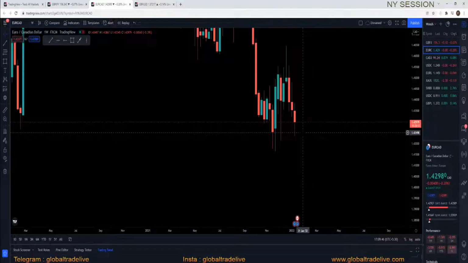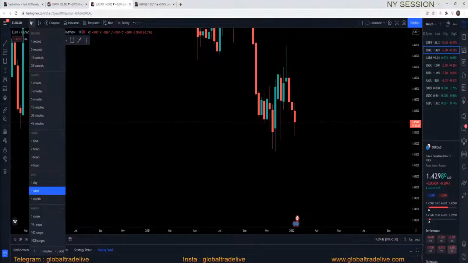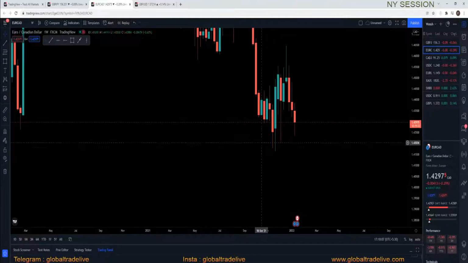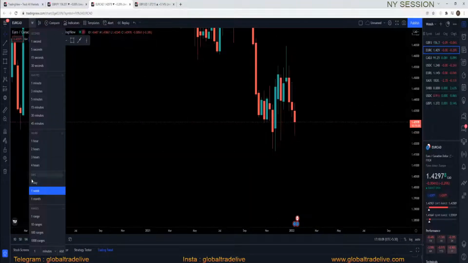If that's going to be the case, then we need to look at the lower time frames and search for clean ranges to the left for sells. So we are going to drop this time frame from weekly to daily.